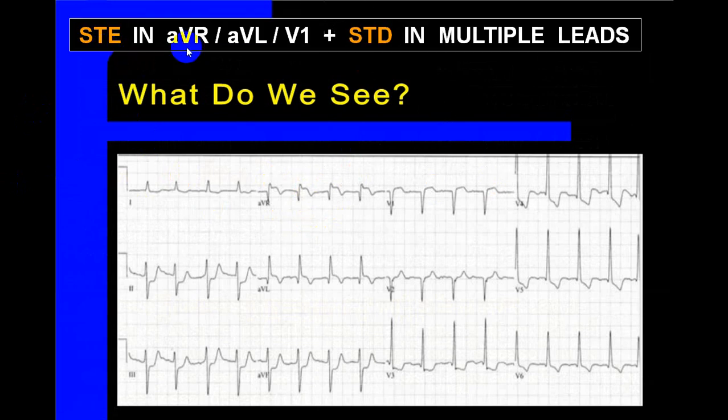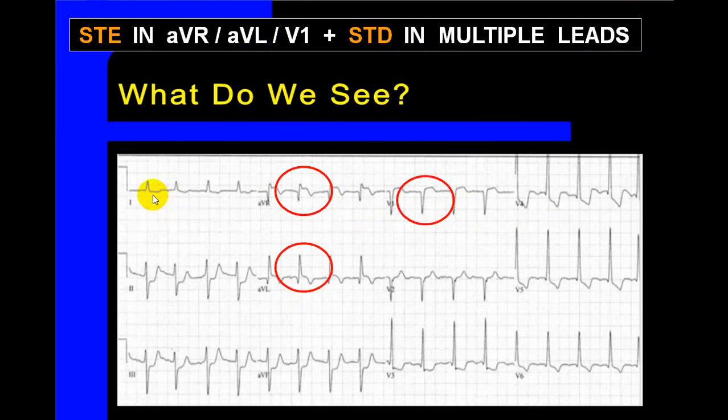So ST elevation in lead 1, in AVR, AVL and V1, and ST depression in multiple leads. This is AVR, AVL and V1, and if AVR is more than V1, it is in favor of an LAD or LMC occlusion. Do keep it in mind.